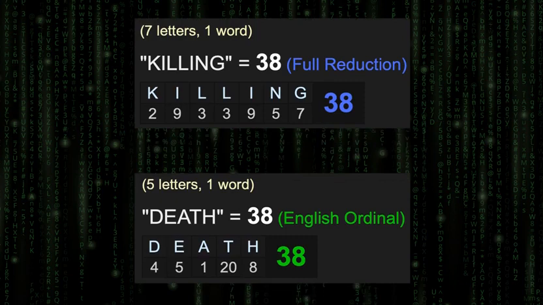Now, for a Gematria value to be established as a code number for a specific realm or a specific theme, in this case, the theme is murder and death, for 38 and 83 to be established as a specific code number for this specific theme, multiple words and phrases related to this theme have to also sum to 38 and 83.